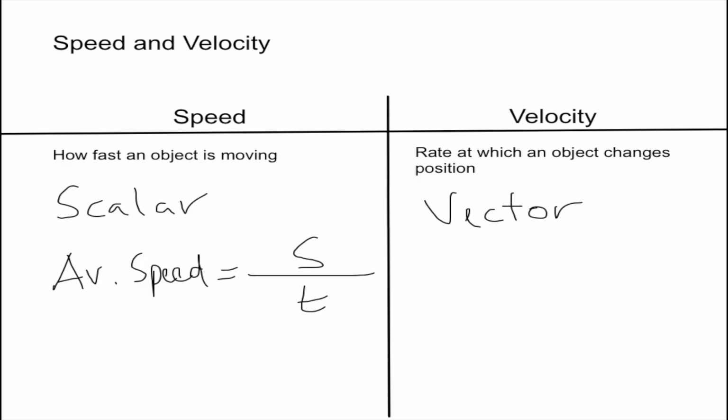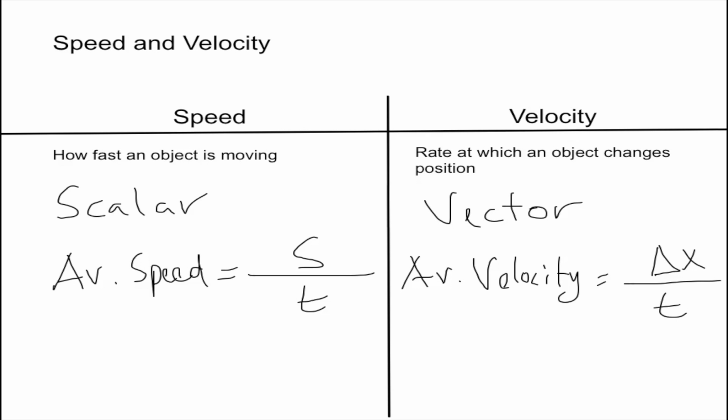For the case of velocity, the average velocity is going to be the change in position, which is equal to the displacement, and that is going to be delta x over the time, so t. In other words, speed uses distance, velocity uses displacement.